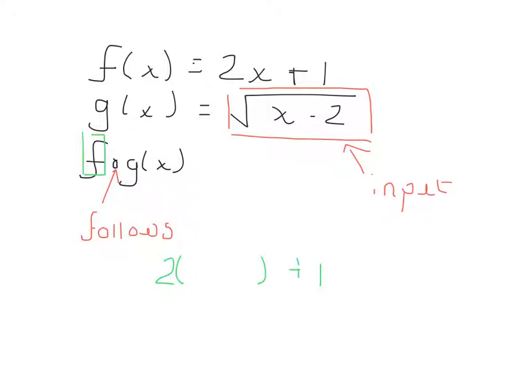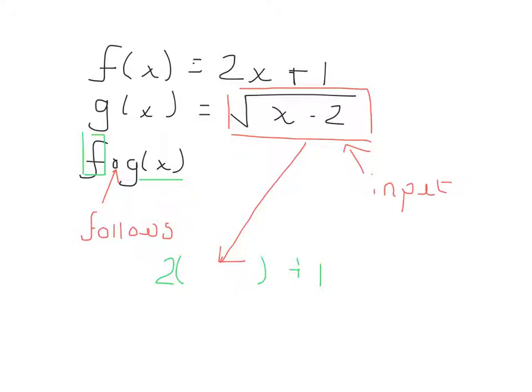Well, now we see that the x is the output from the g of x function. So, therefore, this output from the g of x function is going to be substituted in for x in the f of x function.